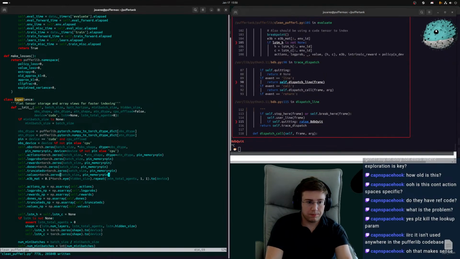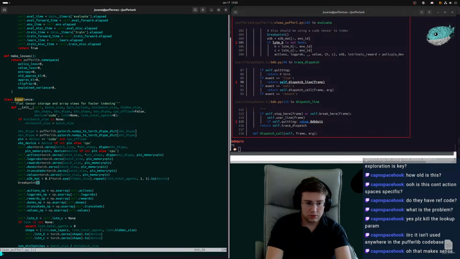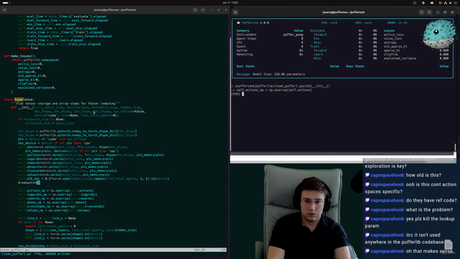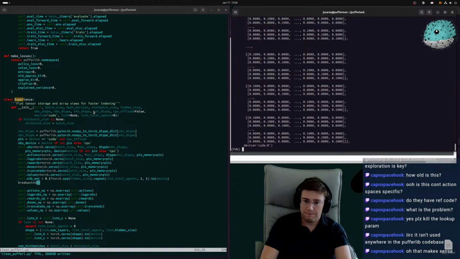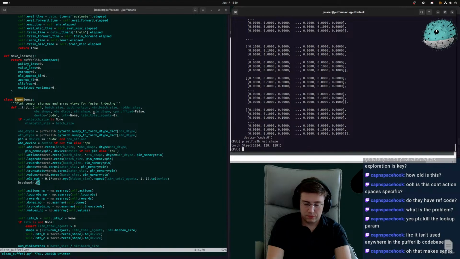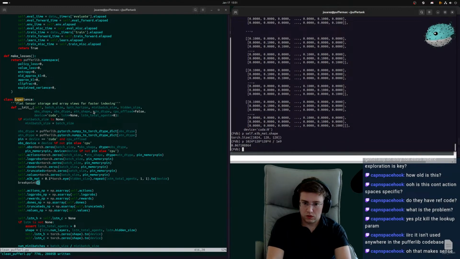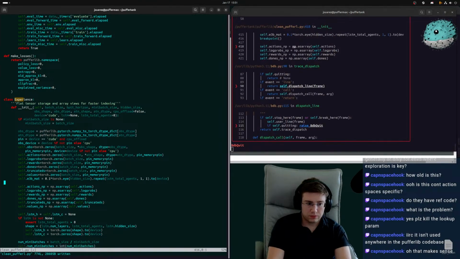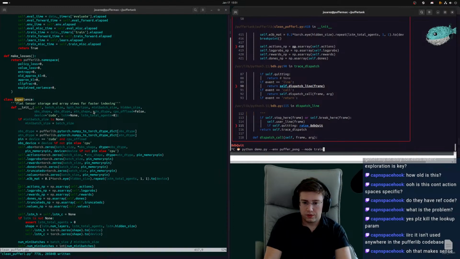Still out of memory? I don't understand how this is possibly out of memory. E3B dot shape. This is like not that much data at all. Something screwy.